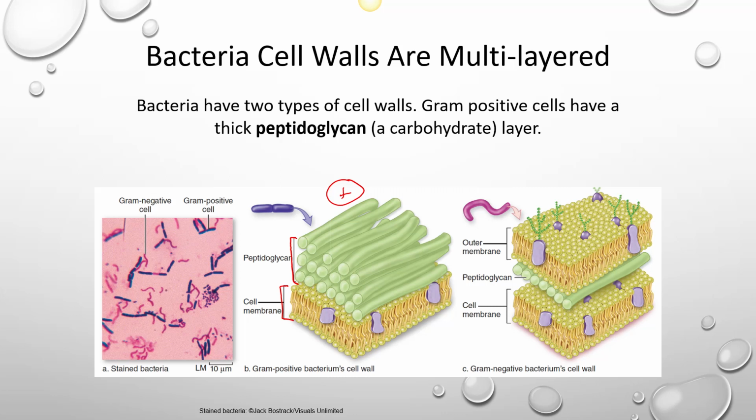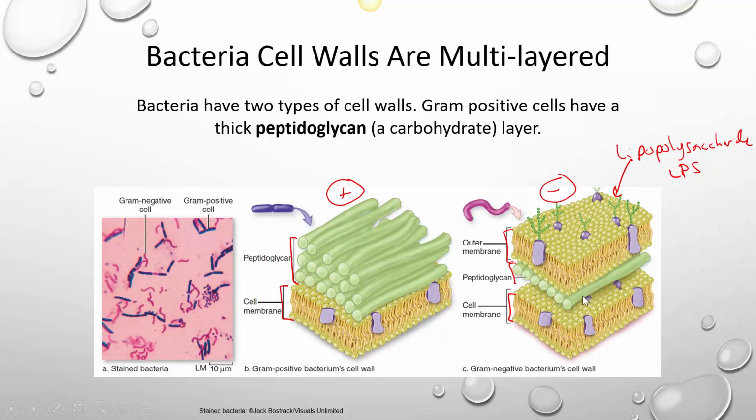In gram-negatives, they have an inner membrane, which is a normal phospholipid bilayer, a thin layer of peptidoglycan, and then an outer membrane, which is part phospholipid, part lipopolysaccharide. Peptidoglycan is unique to bacteria, and the thickness and location of the peptidoglycan determines whether it's gram-positive or gram-negative.